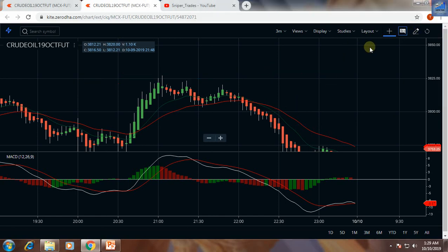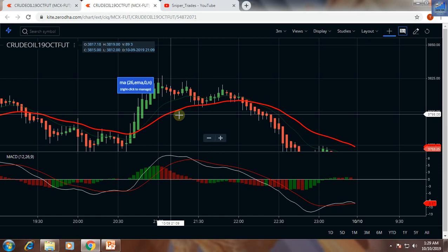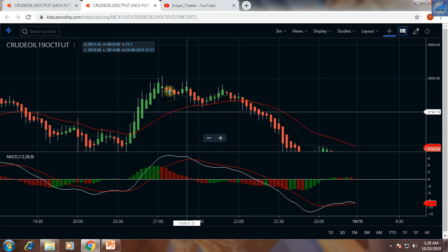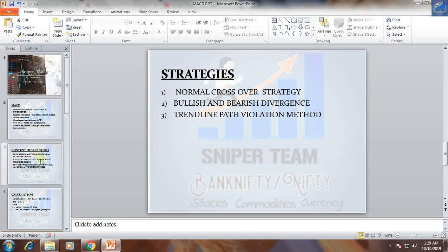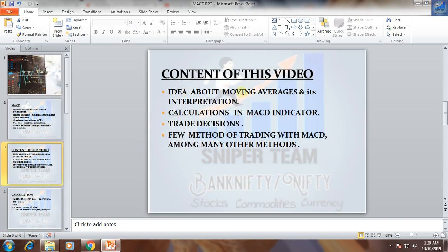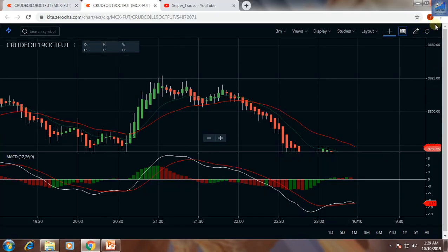Before moving on to the next session, I'll explain the basic idea about moving averages and their interpretation. Let me show you an example here.